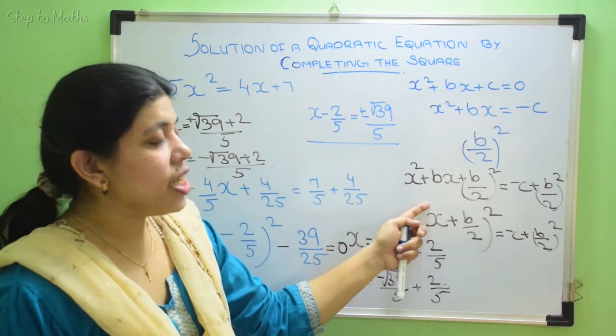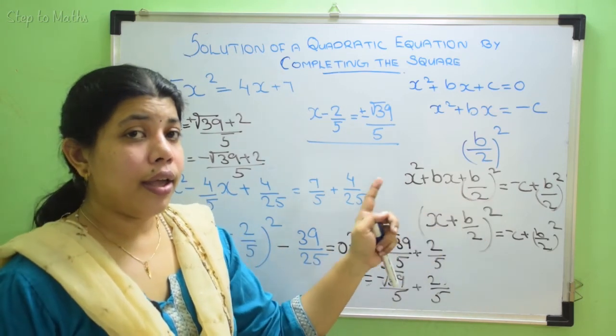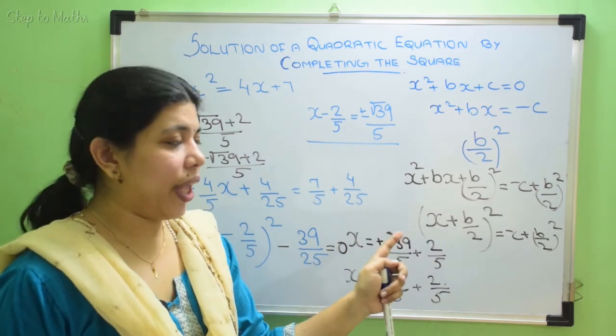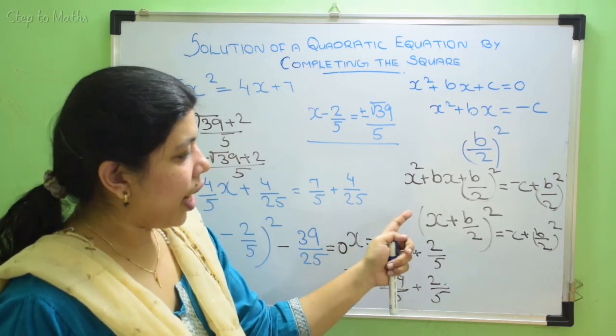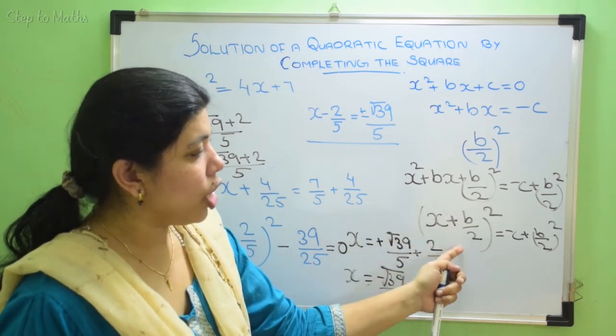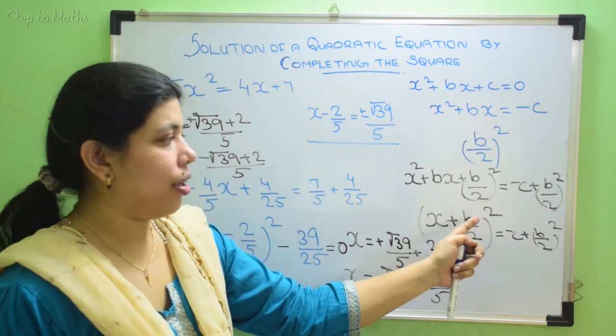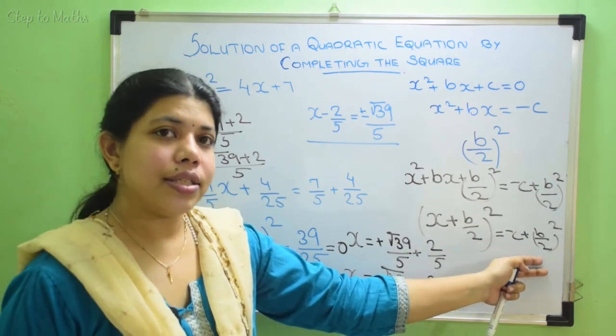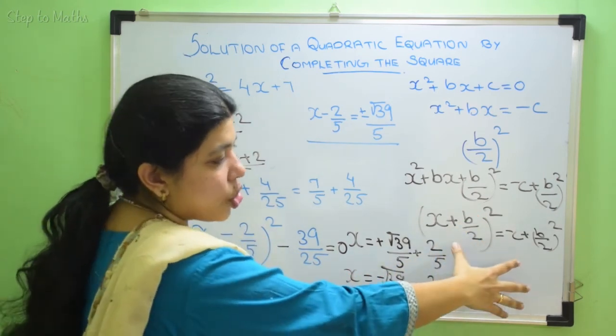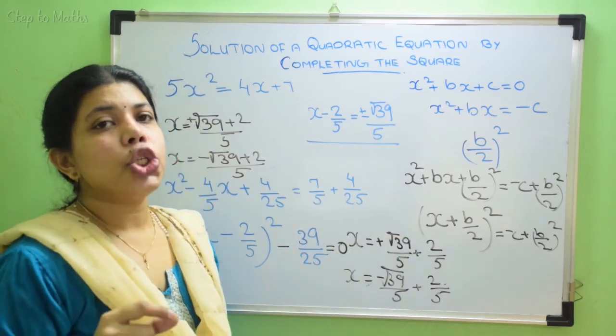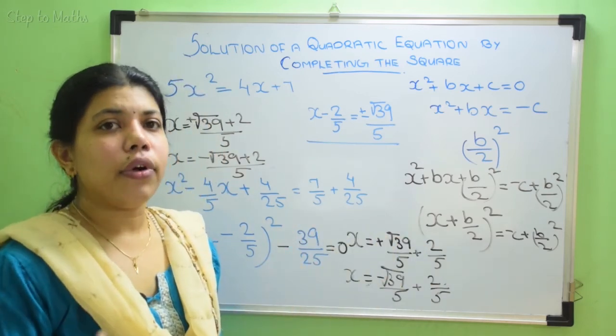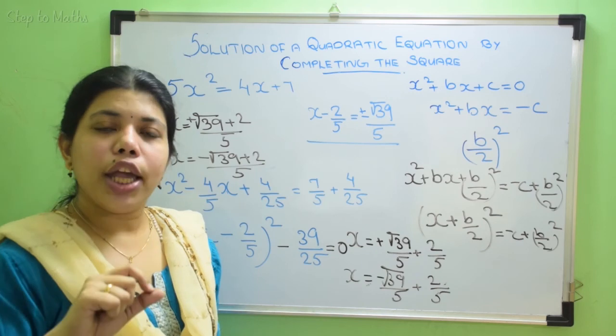The left side is in the form of a perfect square, so we can write it as x plus b by 2 square. The right part is the same. Take its root, and we can find the solution or roots of the given quadratic equation.